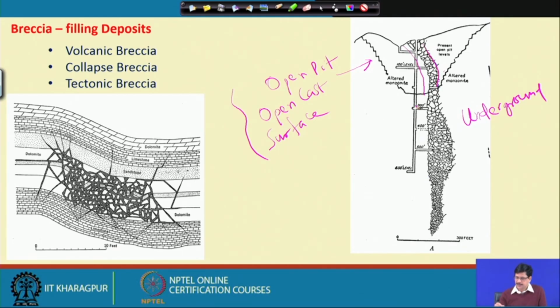And this is a very interesting feature of a breccia pipe, which extends up to 600, 800 or even 1000 foot, and is deeply seated, and because of some process of brecciation, which could also be because of very explosive fluid activity, which it shows.